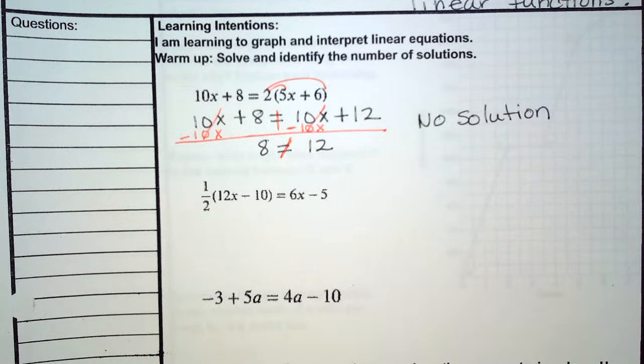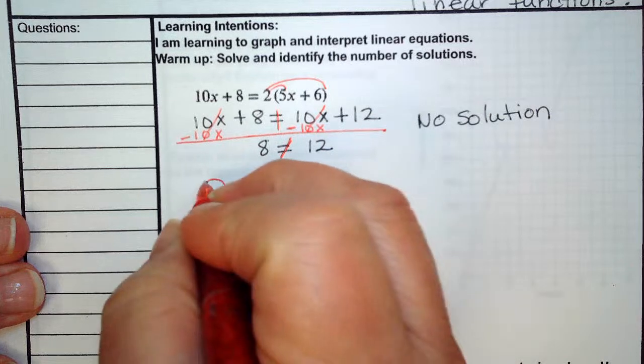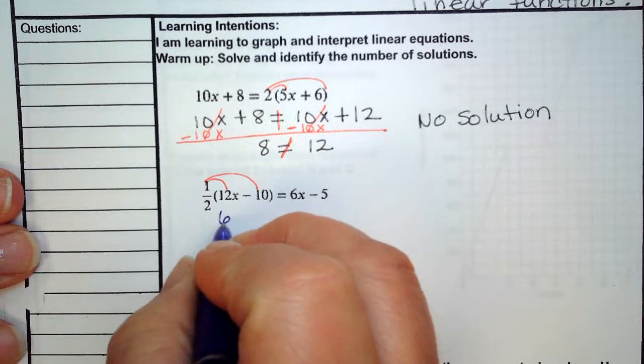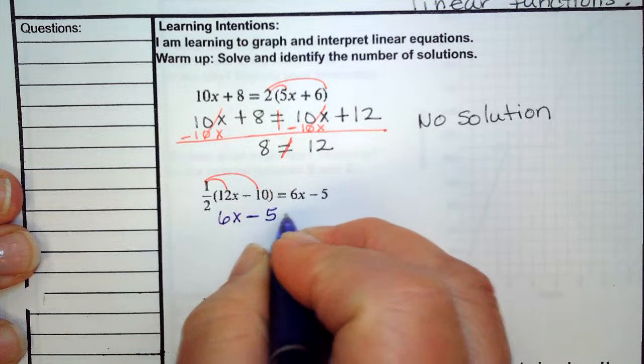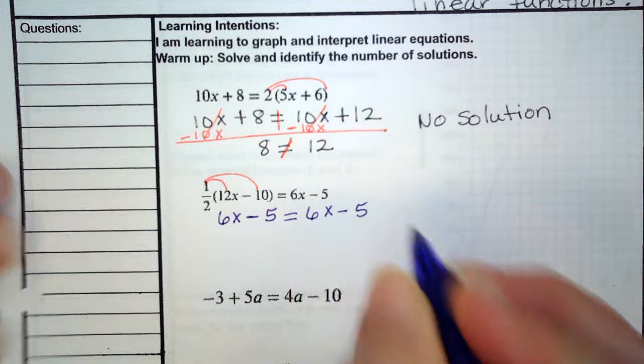Okay, try the next one. If you didn't do the first one on your own, pause and try this next one. Okay, let's distribute again. 1/2 of 12x is 6x, minus 1/2 of 10 is 5, is equal to 6x minus 5.